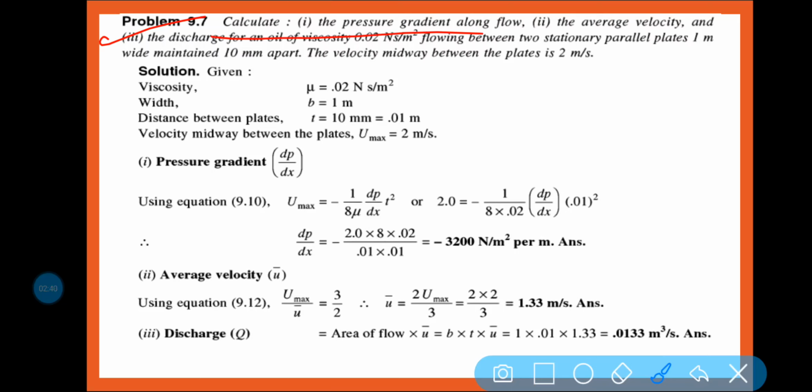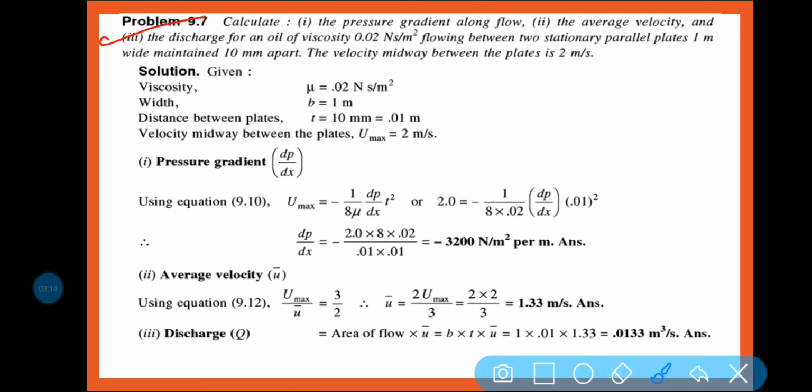Calculate the pressure gradient along flow, the average velocity, and the discharge for an oil of viscosity 0.02 Newton second per meter square flowing between two stationary parallel plates 1 meter wide, maintained 10 mm apart. The velocity midway between the plates is 2 meter per second.